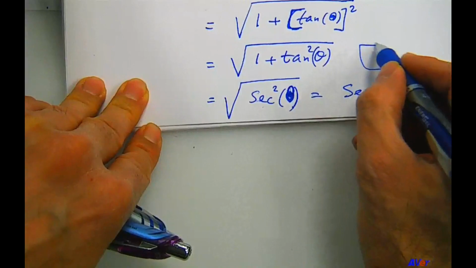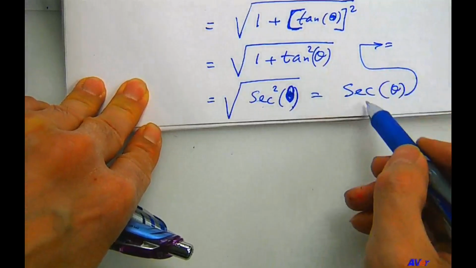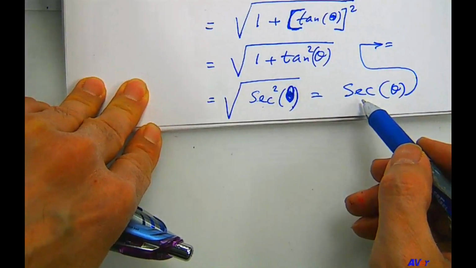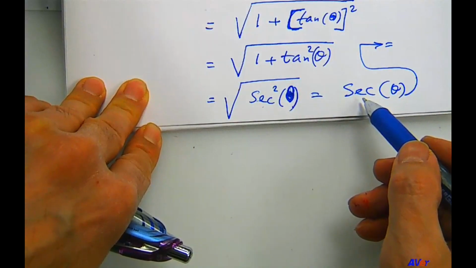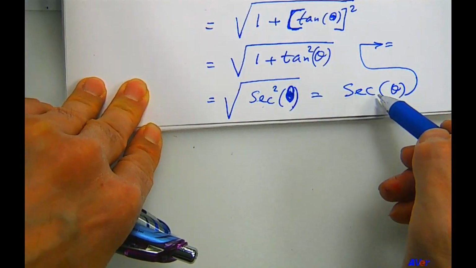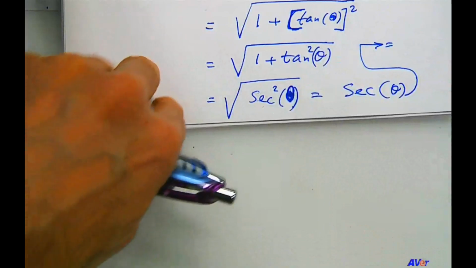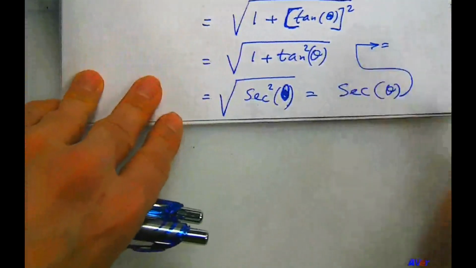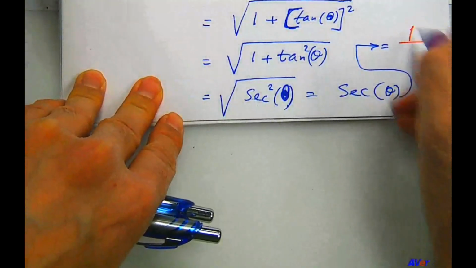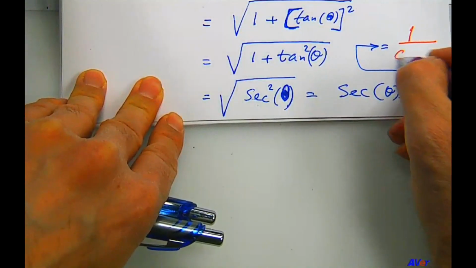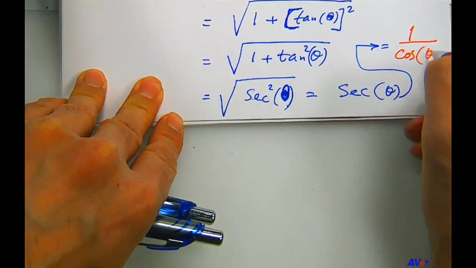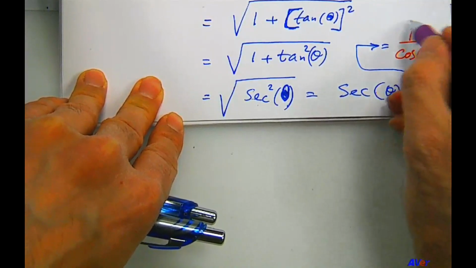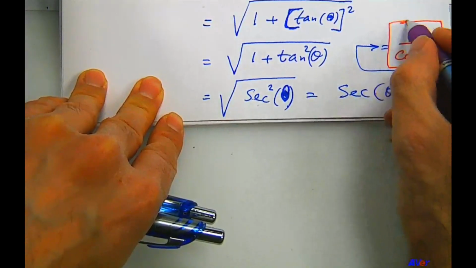So after this, we want to simplify this to its cosine of theta equivalent, right? Secant theta is the reciprocal of the cosine function. So let's take this answer one step further and say that is equal to 1 over cosine theta.